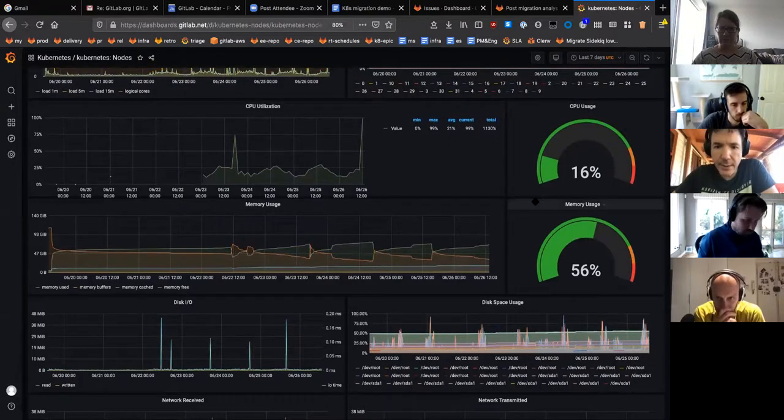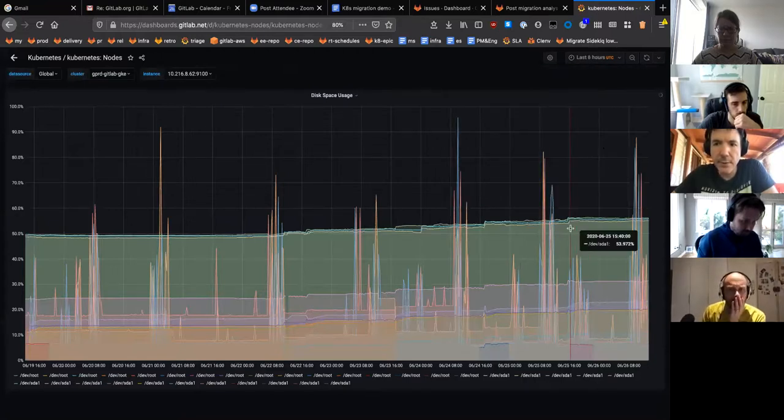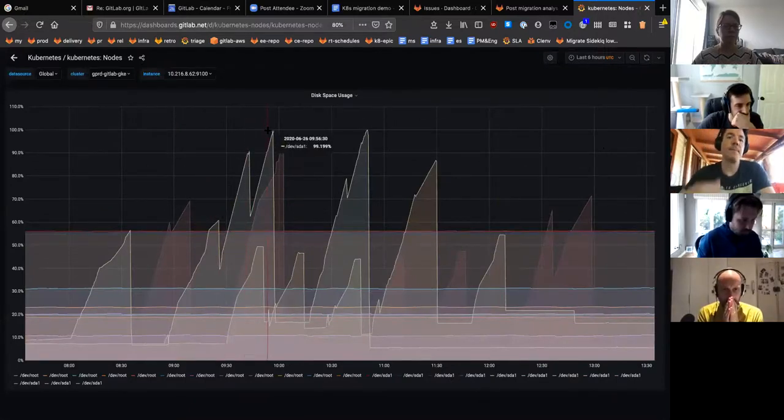We were looking in the last meeting at these interesting disk utilization spikes. If you look over the past 6 hours, maybe we'll see it clearer. Yeah, so this is curious, right? What's going on here? This is SDA1. Is this disk being utilized in the pod, or is it something else on the node maybe?